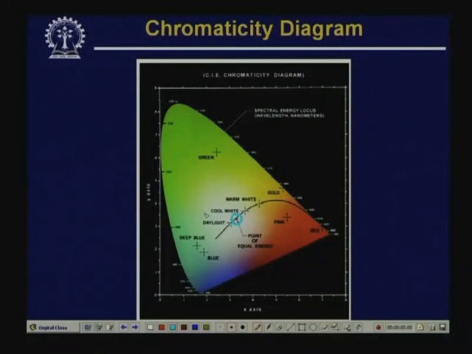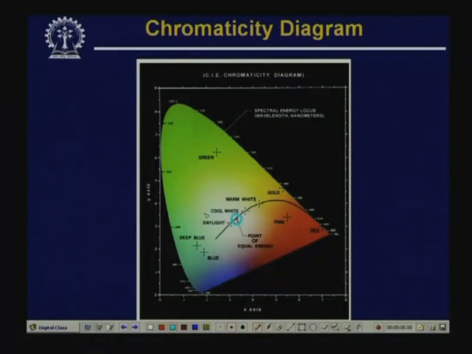That means all the red, green and blue components are mixed in equal proportion, and this is the one which is the CIE standard of white. And as for the notion of saturation, all the points on the boundary, because they are the spectrum colors, are fully saturated. And as we move inside the chromaticity diagram, away from the boundary, the color becomes less and less saturated.